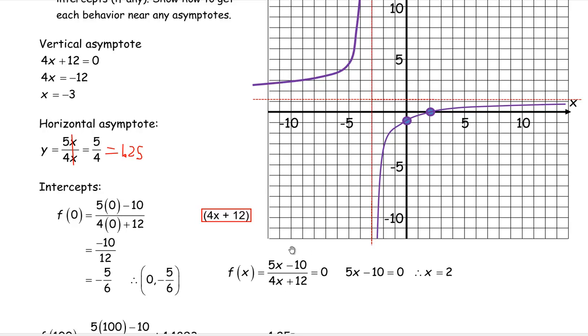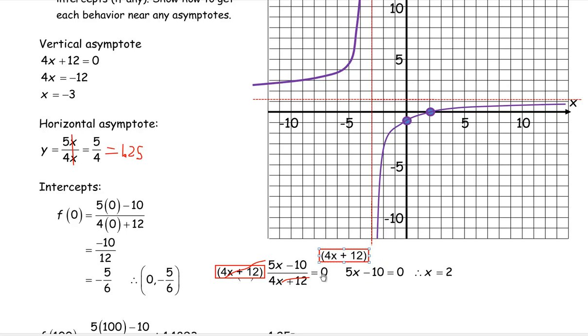So if you take the function and set it equal to 0, I want to solve for x here, then what I would do is multiply both sides by 4x plus 12, the denominator here. And of course the purpose of that is so that those divide out. And so I would just get 5x minus 10 equals, now 0 times 4x plus 12 is 0. So this actually just collapses to 0 on the right.